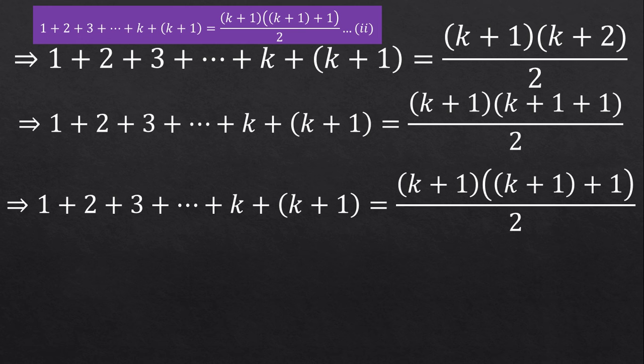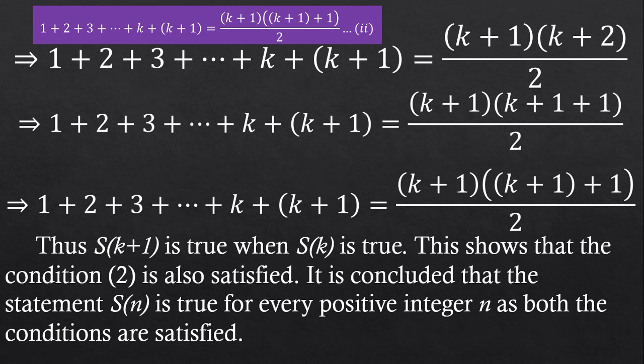And voila, adding just these parentheses, it looks exactly like S of k plus 1. The goal is achieved here, people. And this implies that this statement is also true, and we have concluded that S of n is true for all positive integers. That's it for the video.